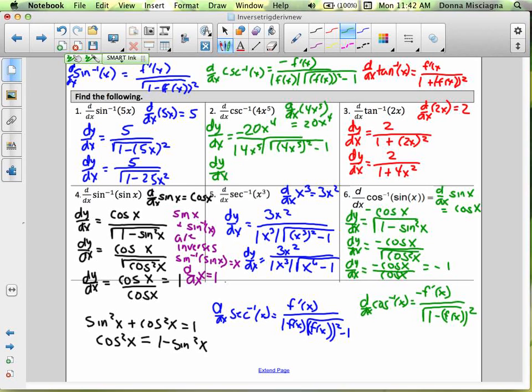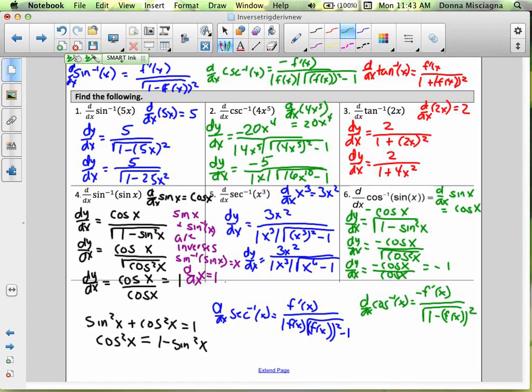So dy dx equals, so we could reduce the negative 20 and the 4 and make that negative 5. We also could reduce the x to the 4th. The absolute value bars will not prevent us from doing that. And we'll have the absolute value of x in the denominator. And then 4x to the 5th squared would be 16x to the 10th, minus 1.